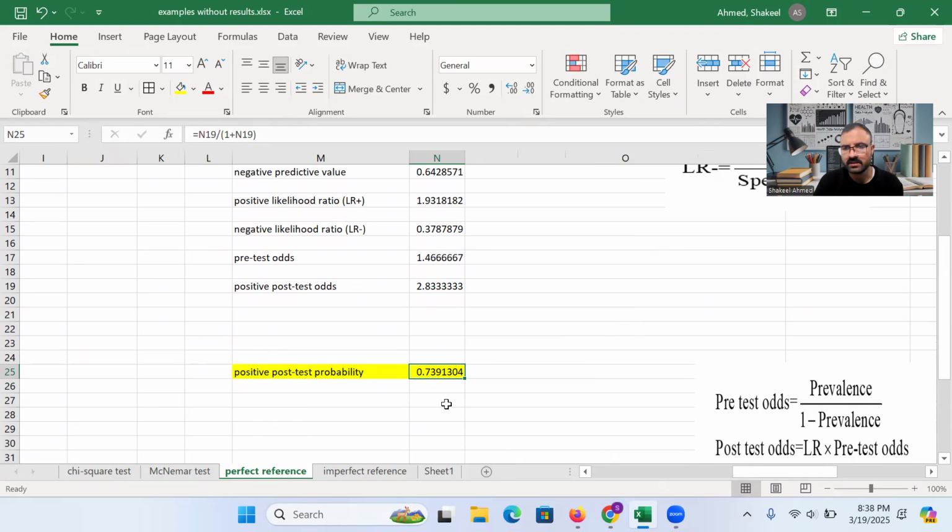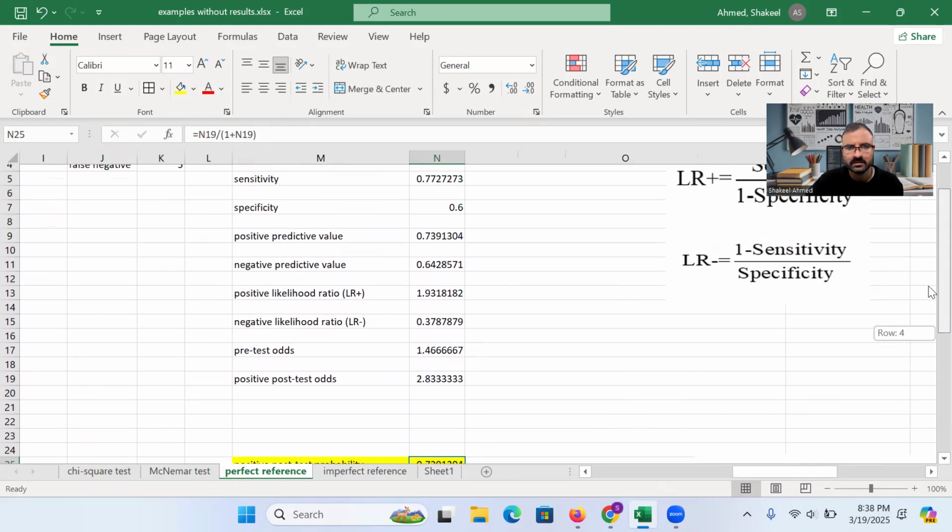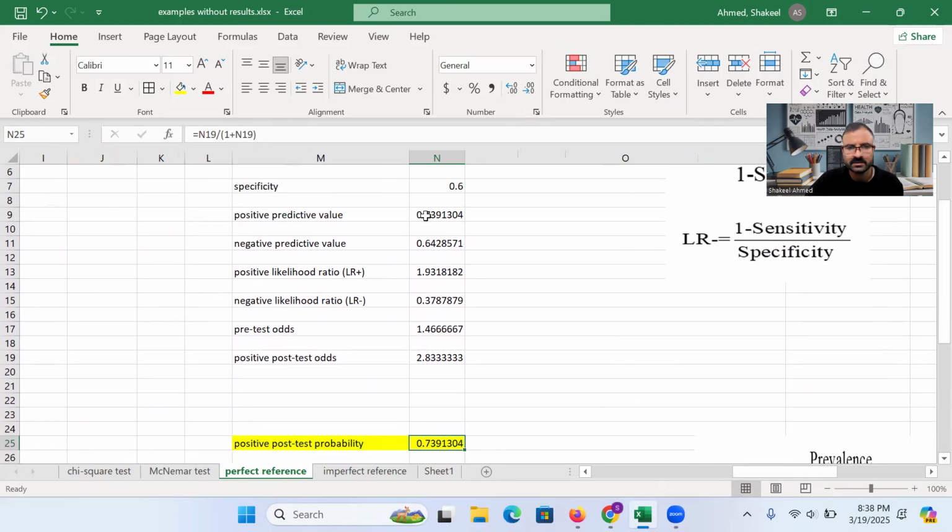This is just equivalent to the positive predictive value. And this is also called the posterior probability of having the disease once the test is conducted. And that is what mostly the researchers are interested in.